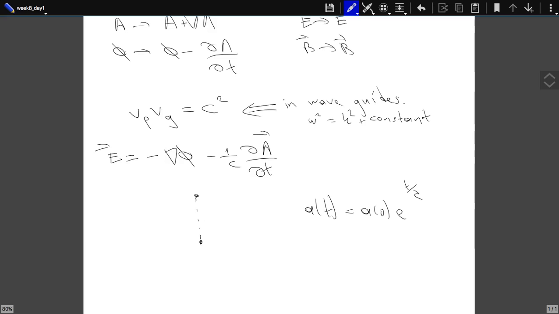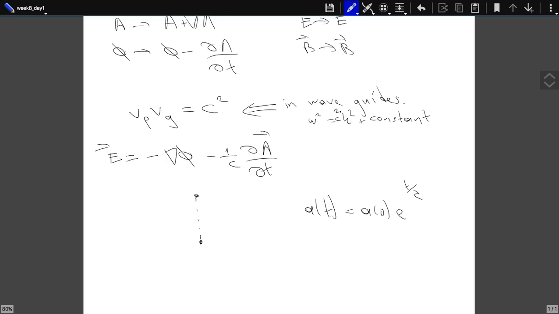As long as that relation holds, the phase velocity times the group velocity is equal to c squared. In waveguides, we have such a relation. Other questions?